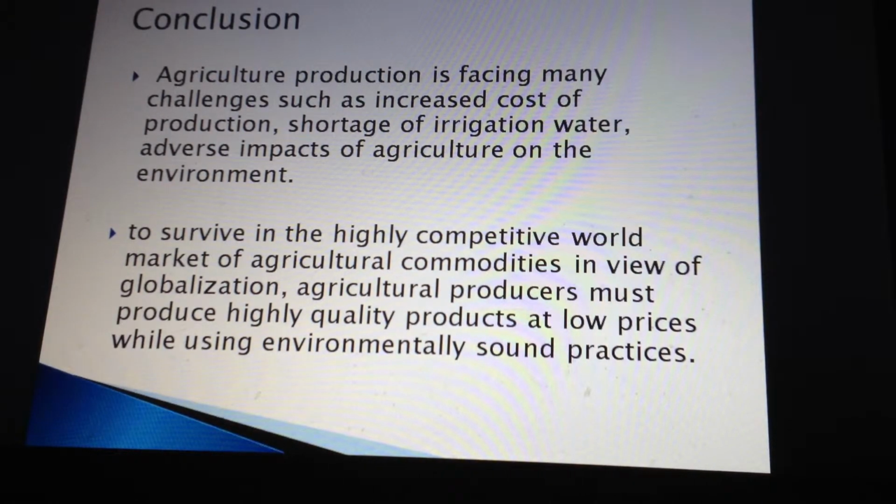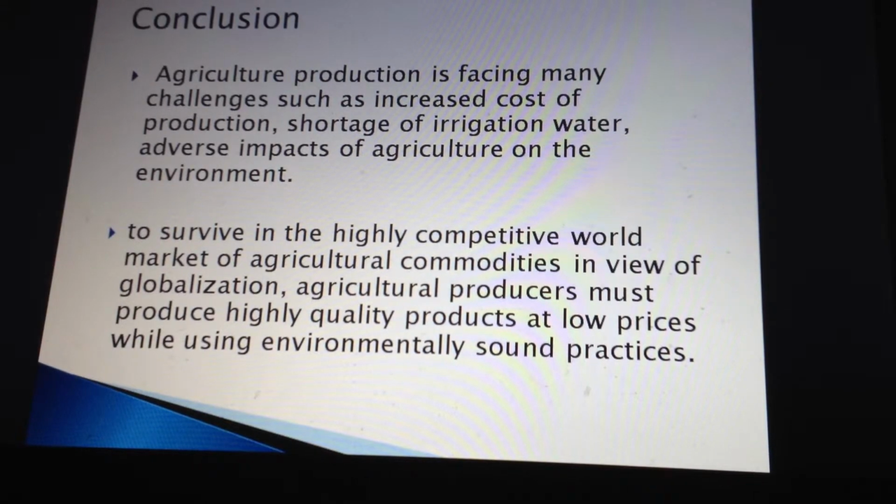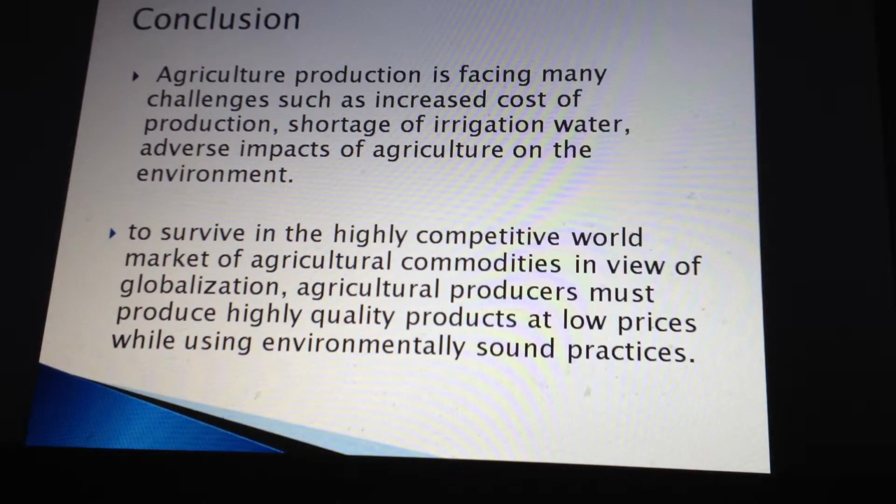Conclusion: agriculture production is facing many challenges such as increased cost of production, shortage of irrigation water, and adverse impacts of agriculture on the environment.